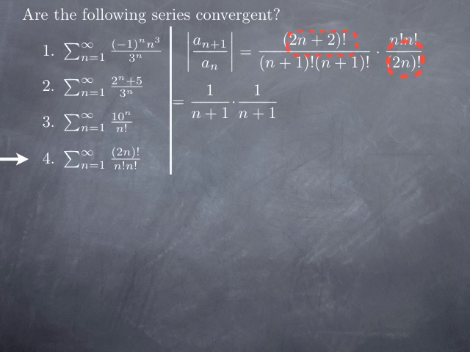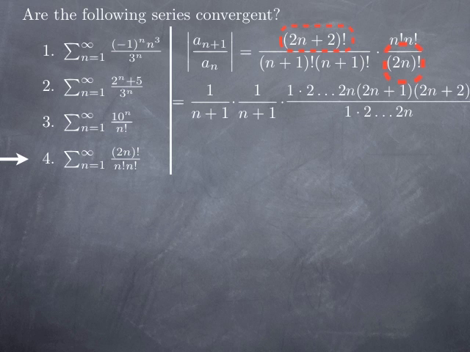And then we have (2n plus 2) factorial divided by (2n) factorial. (2n plus 2) factorial is again the product of the first 2n plus 2 integers. So it's 1 times 2 times 3 times 4 and so on, all the way up to 2n plus 2. (2n) factorial is 1 times 2 times 3 and so on, all the way up to 2n.